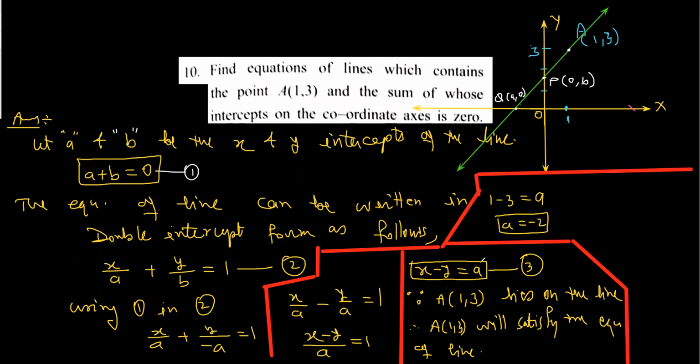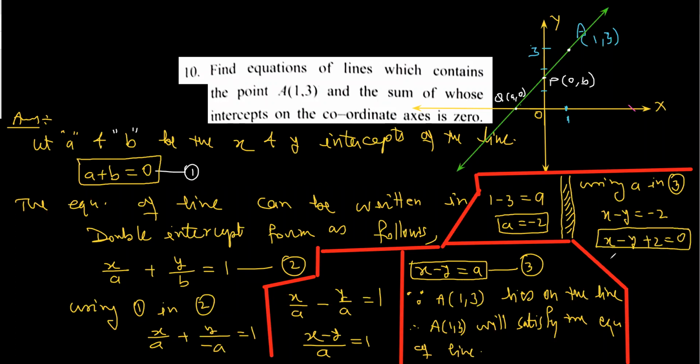I will write using a in 3. You get x minus y equals -2. So x minus y plus 2 is 0. And this is the equation of the required line.